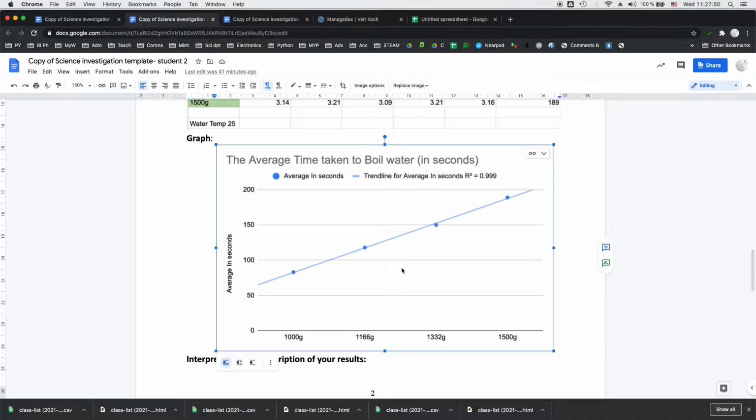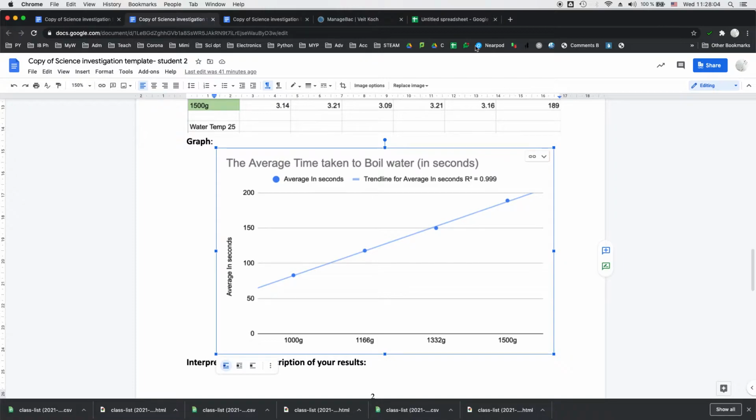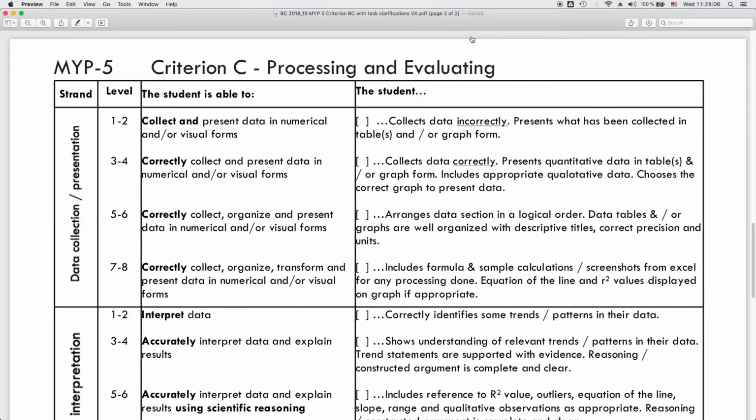Here you also can't actually get an equation for the line of best fit. That's important to remember, if you put in the units here as well, the grams. So this one here would probably get, therefore, well, it's the right graph.